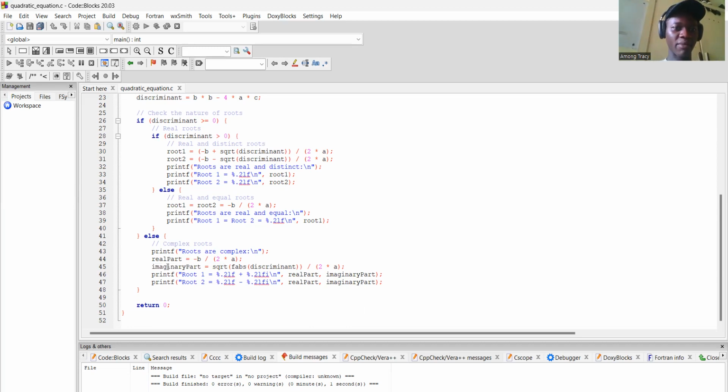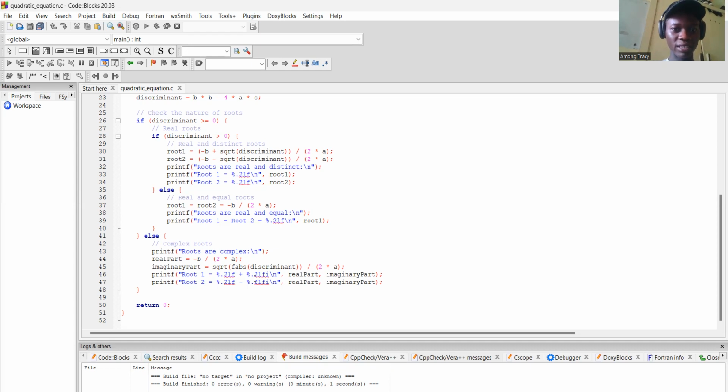Then the imaginary part will be equal to the square root of the discriminant, then divided by 2a. And then after that, we'll print out, because we already have root 1 and root 2, which are complex and having two parts, the real part and the imaginary part.